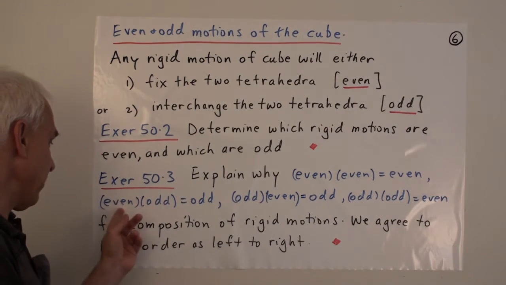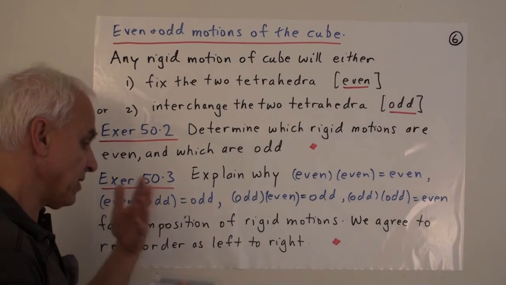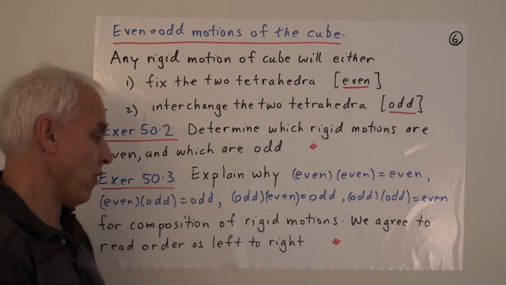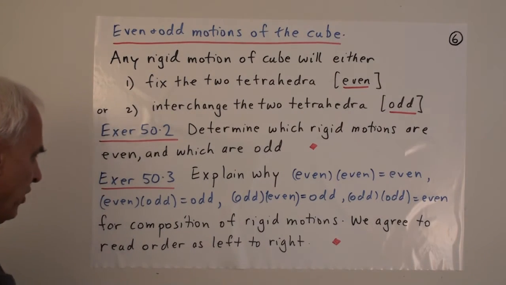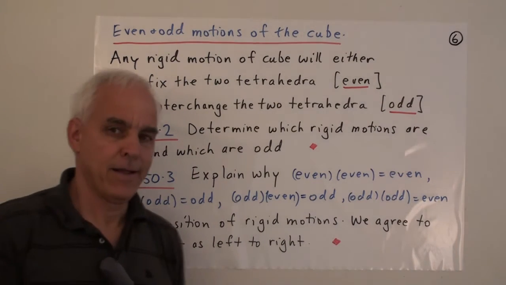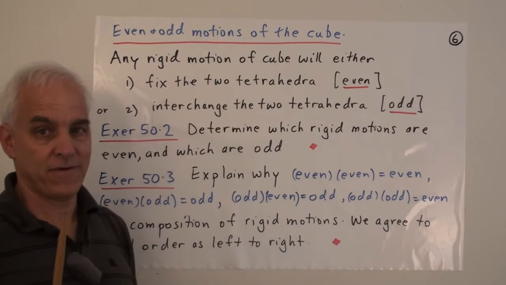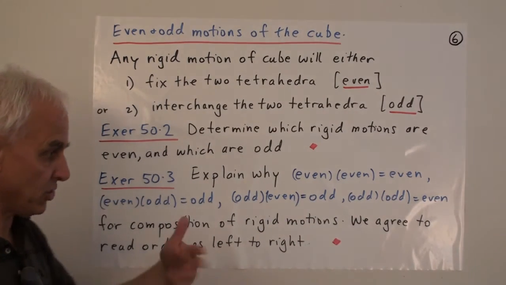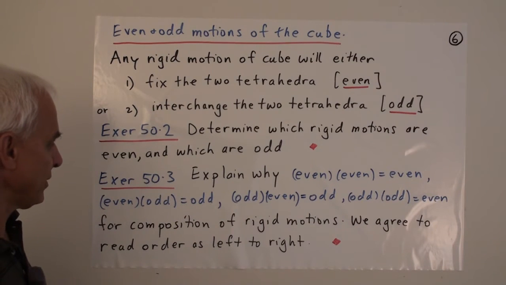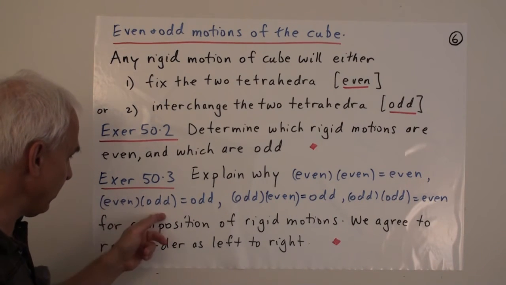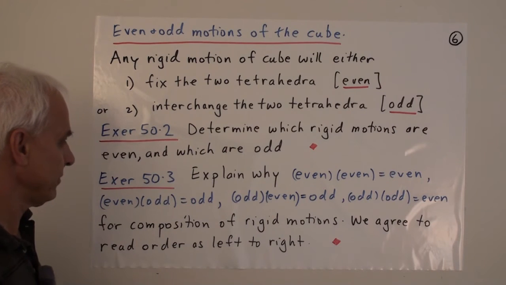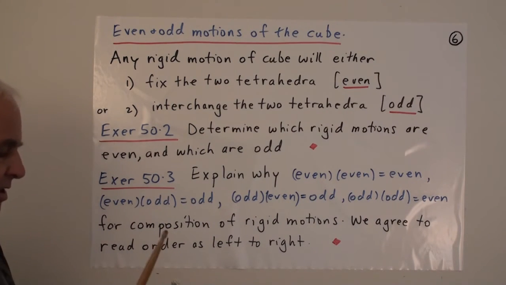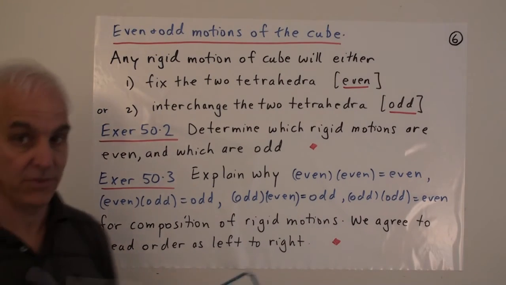While if we start with an even motion followed by an odd motion, then together the cumulative rigid motion is an odd one. And our convention here is that we're going to read the order of rigid motions from left to right, like we generally like to read. So this means do this one first, then do this one. Right, so there's a nice thing to think about here just in terms of what happens to the two tetrahedra.